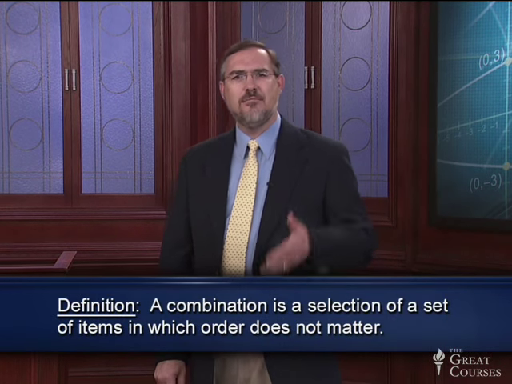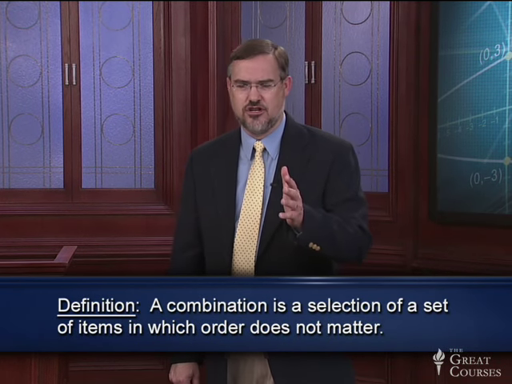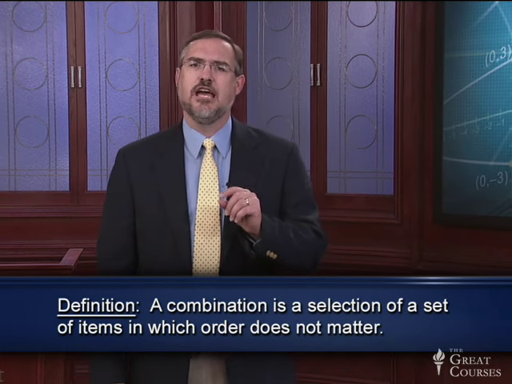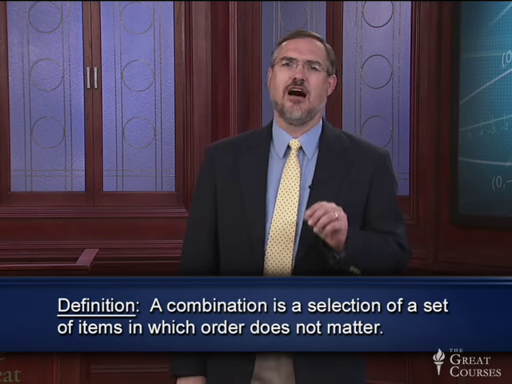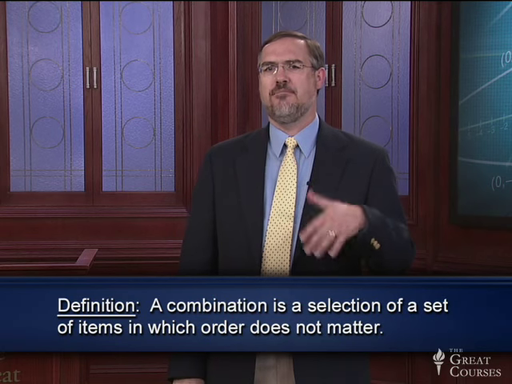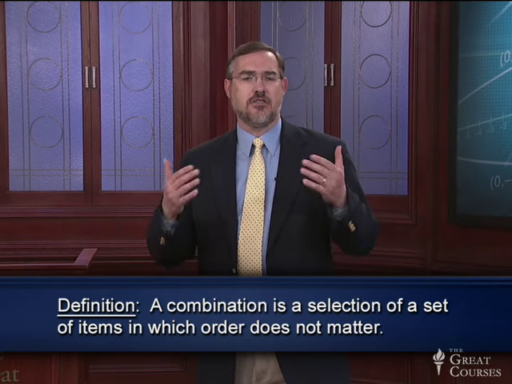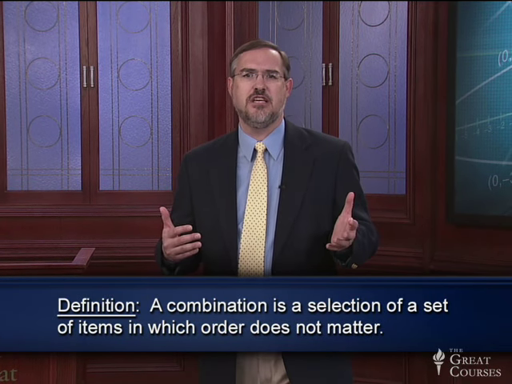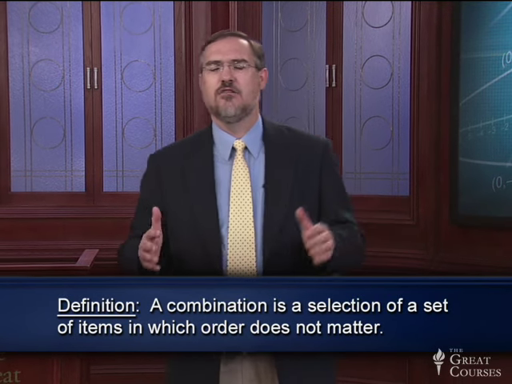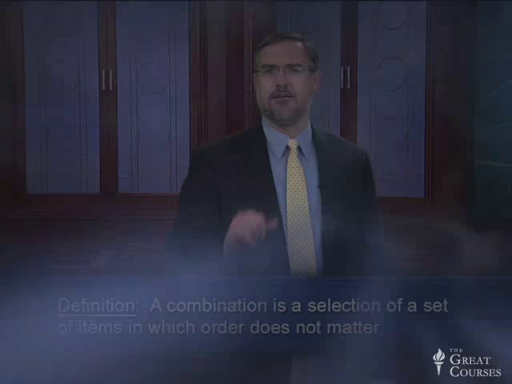It's something that we like to call combinations. And now let me give you the definition of a combination. A combination is a selection of a set of items in which order does not matter. So for example, how many ways could we pick 3 captains from a 10-player team? Well, the answer can be found with the following fact.